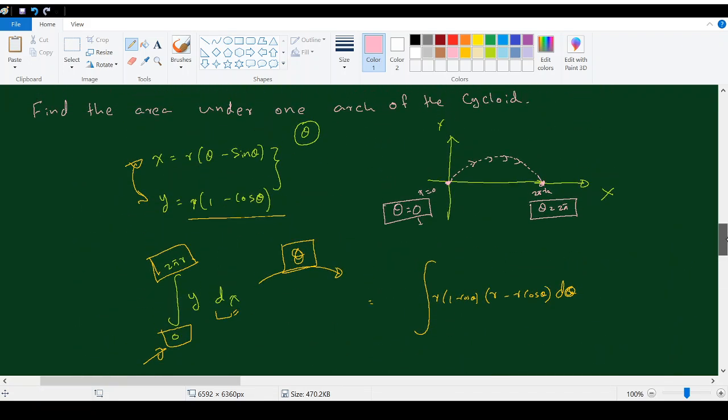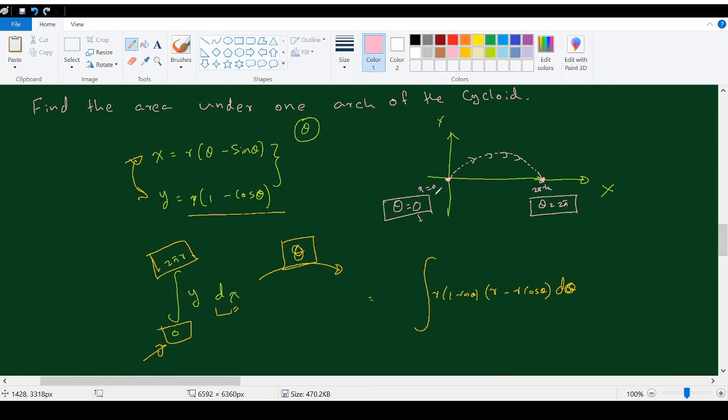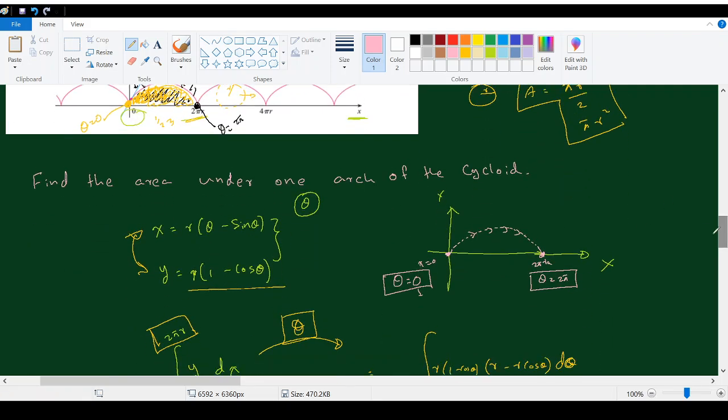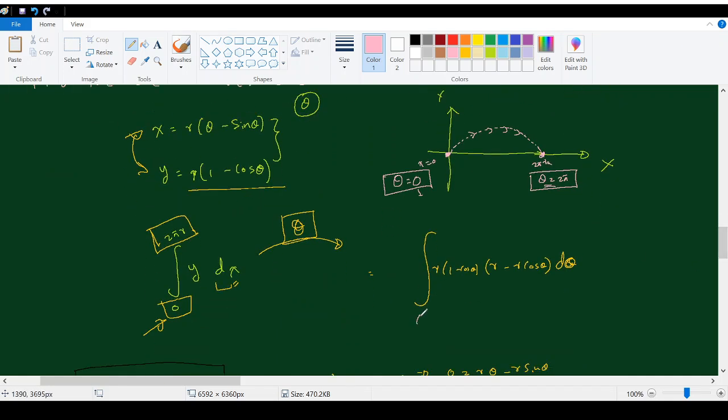Hence what we can do is go to the origin of this cycloid, and there it says when theta is equal to 0, you have x equals 0, and it completes one full cycle when theta is equal to 2 pi. So the corresponding lower and upper limits in terms of theta will be 0 and 2 pi. See, here you have a 2 pi r, but you don't have an r term in here when it is represented with respect to theta.